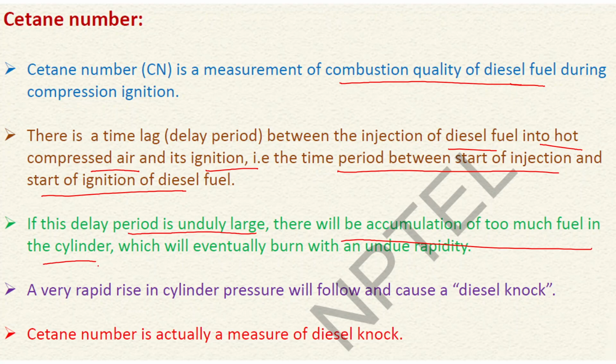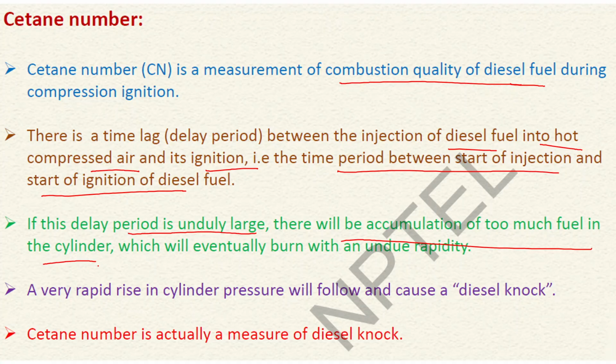the cylinder. So what will happen? Suppose you inject some amount of diesel. It comes in contact with hot compressed air, and it ignites. Further, if there is a huge delay between the injection and ignition, then a second pass of diesel will be introduced, which will also take time.